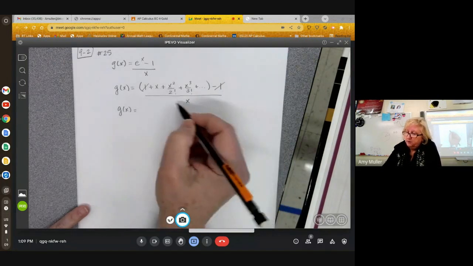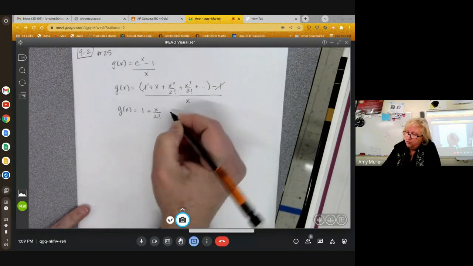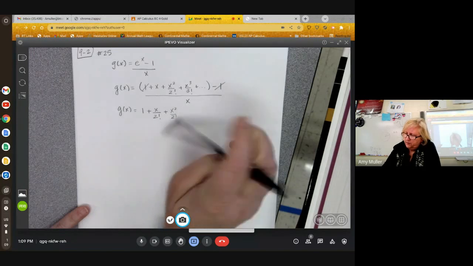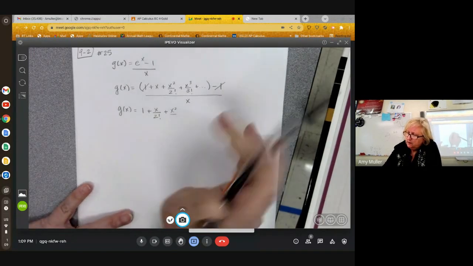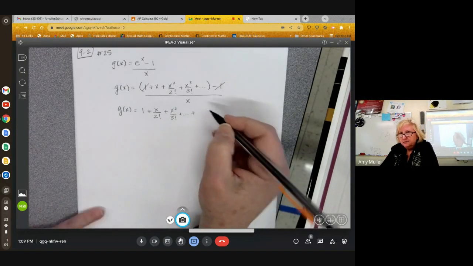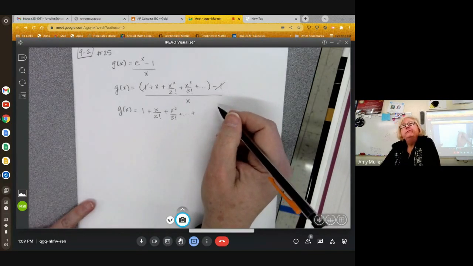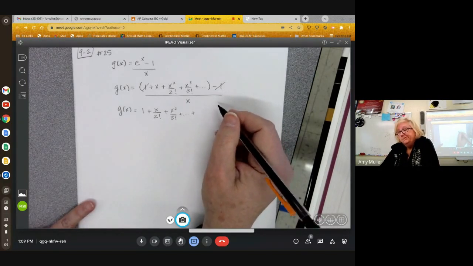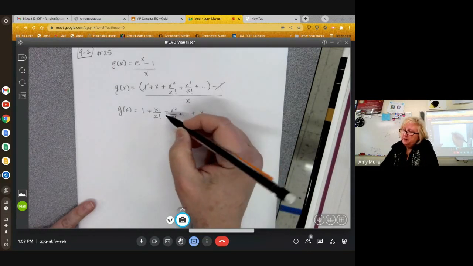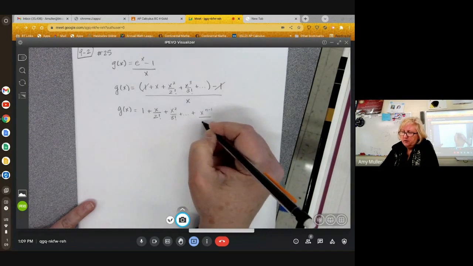We get x over x, which is 1, plus x over 2 factorial, plus x squared over 3 factorial plus dot, dot, dot, plus, and then I'm going to come up with an nth term. x to the, would you say n minus 1 maybe, over n factorial?